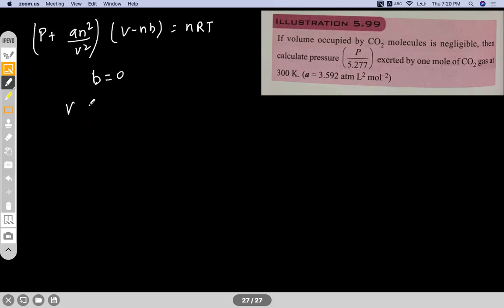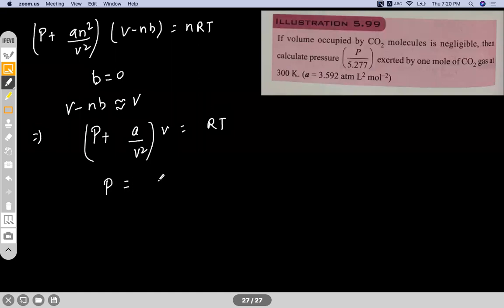So V minus nB is almost equal to V, and we substitute it here. We'll get P plus A by V square, into V, is equal to RT. Now P is equal to RT by V minus A by V square.